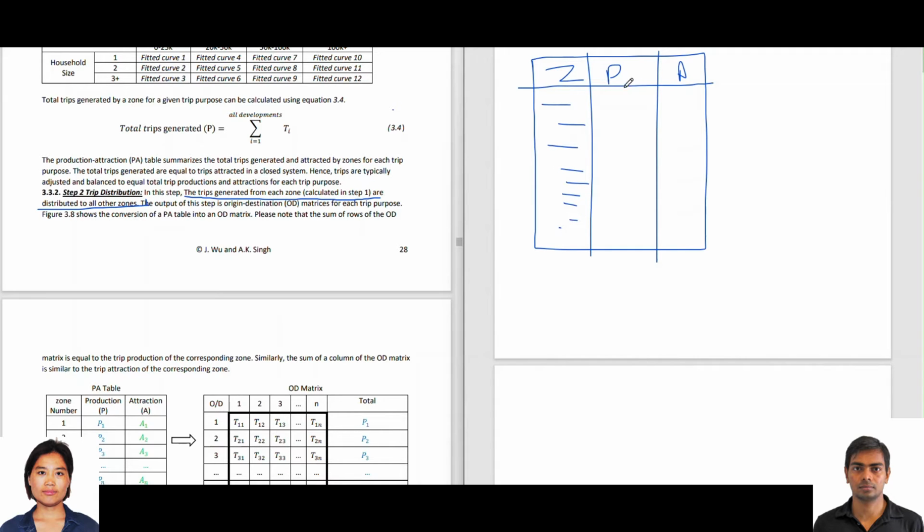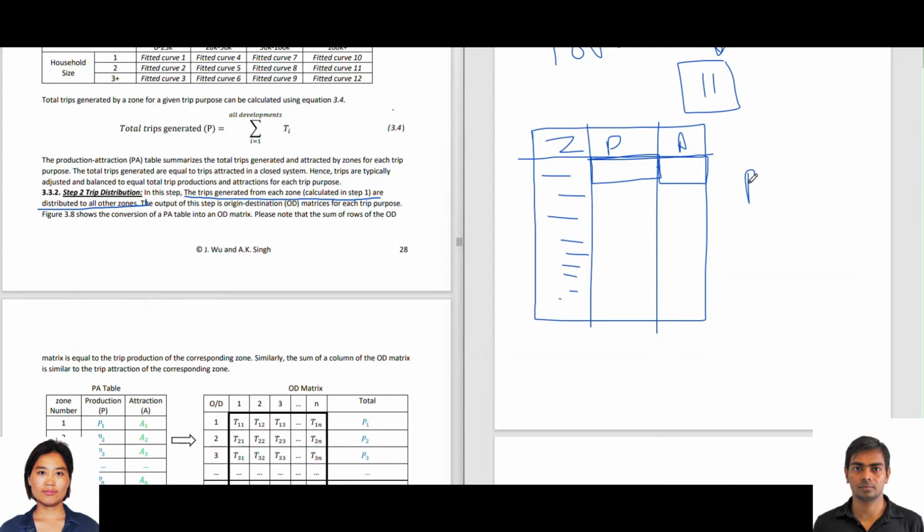If this is a daily production attraction table, then most likely we will have equal numbers of production and attraction, assuming that people who leave their house for certain reasons come back. So they are almost equal. However, they do not need to be equal if we are looking at hourly distribution.